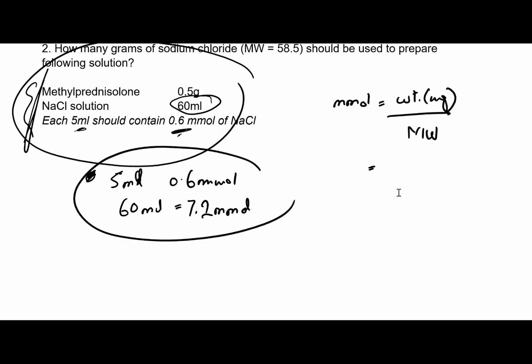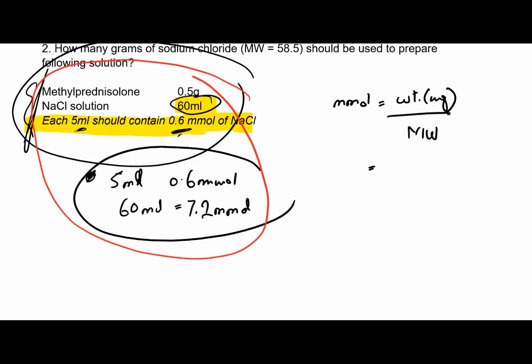Because this information was given here that every 5 mil of this solution has 0.6 millimoles and the total volume of this solution is 60 mils, so I have just worked out how many millimoles will be present in the total solution. So now I know the number of millimoles, I can plug them into this equation again. 7.2, weight in grams I have to find out. Molecular weight is given.